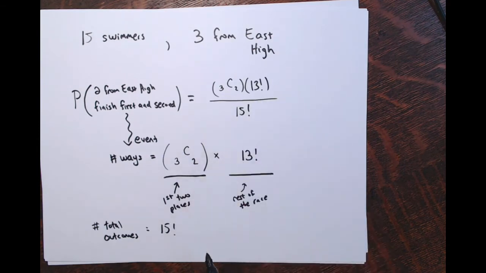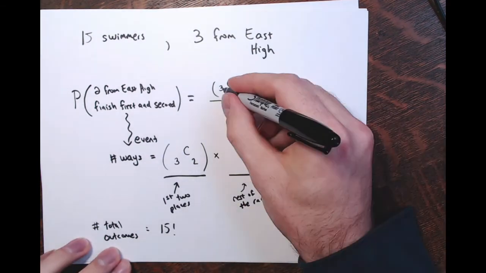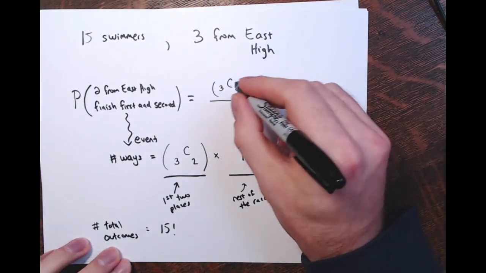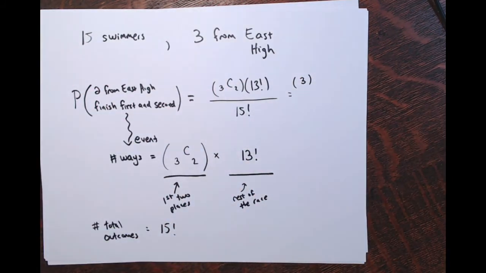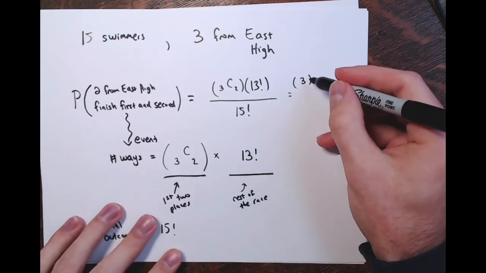And then this can be simplified pretty easily. 3 choose 2 is 3 factorial divided by 2 factorial times 1 factorial, or just 6 divided by 2, which is 3.